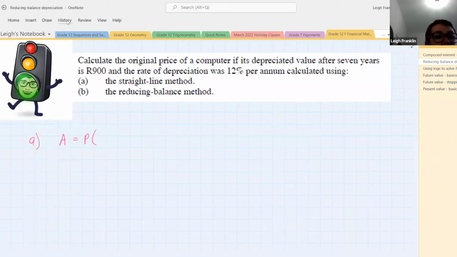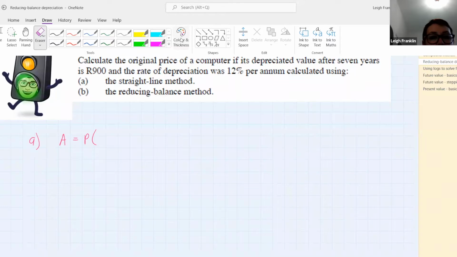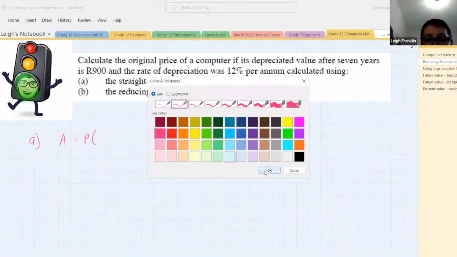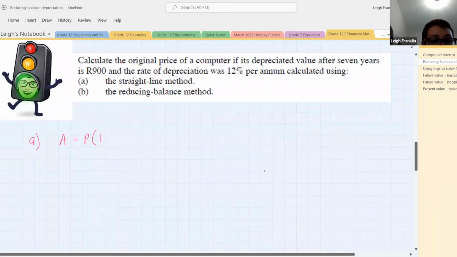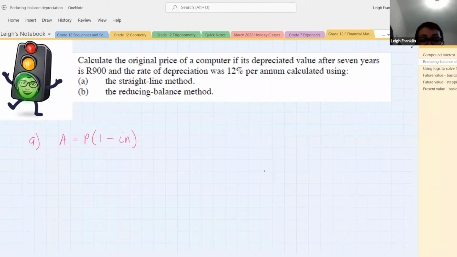Let me just fix that. Okay, so you need to make sure that you recognize that formula. As far as reducing balance is concerned, it's A equals P(1 minus i) to the power of n.